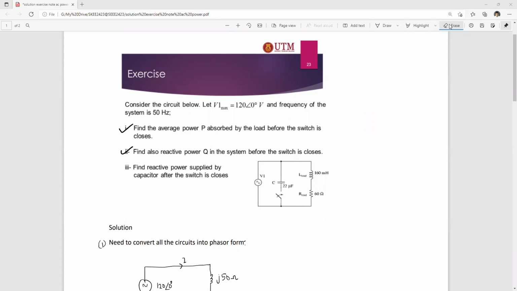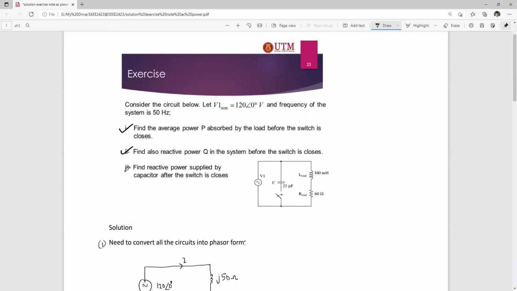So I just want to continue the discussion on the previous exercise from our last class. This is the exercise where we have already discussed the solution for question number 1 and question number 2.